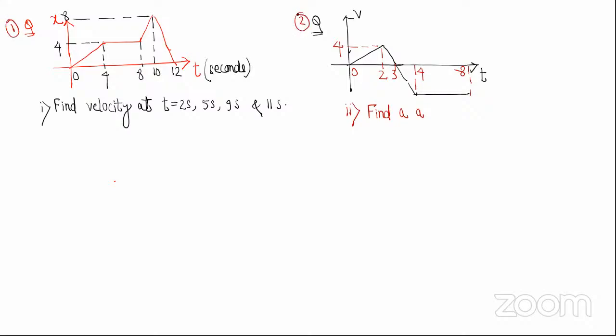In question 2, find acceleration at t equal to 1 second, 3.5 second and 7 second. Time is in second, velocity is in meter per second. Okay, and what else is needed? Find velocity at t equal to 4 second.